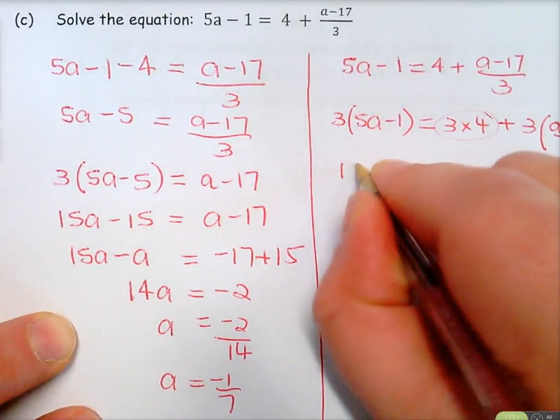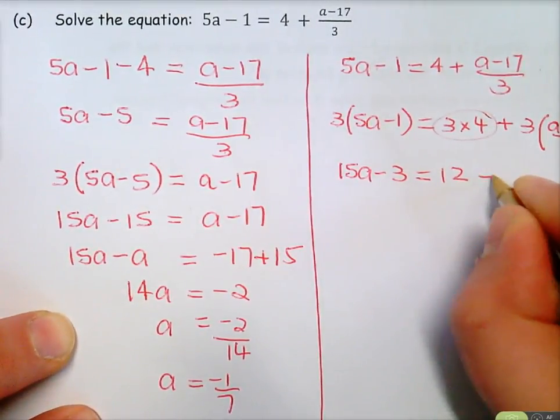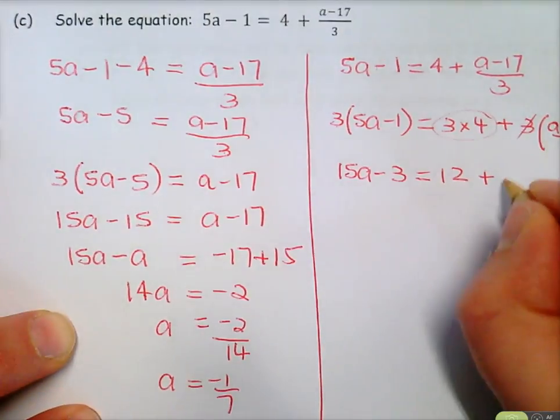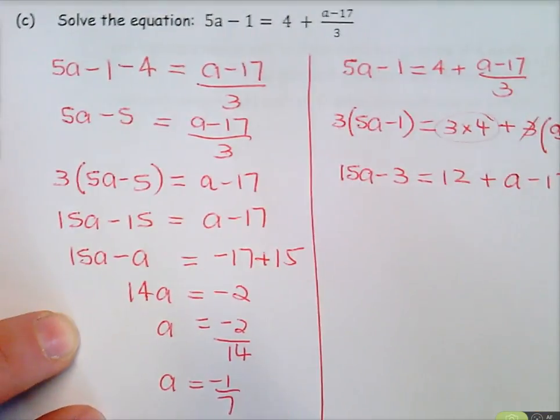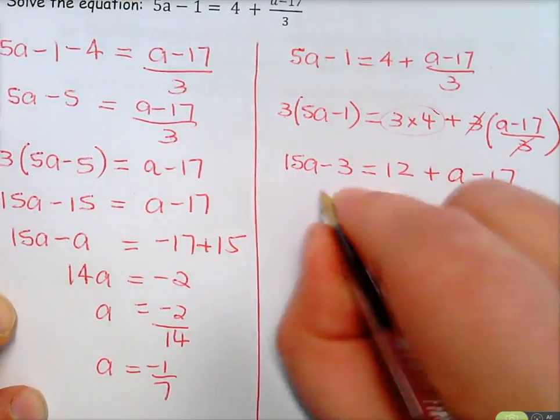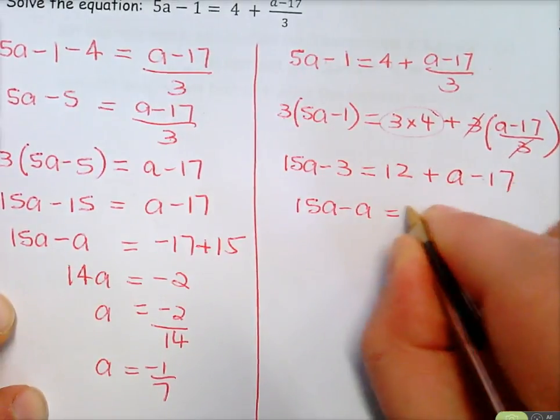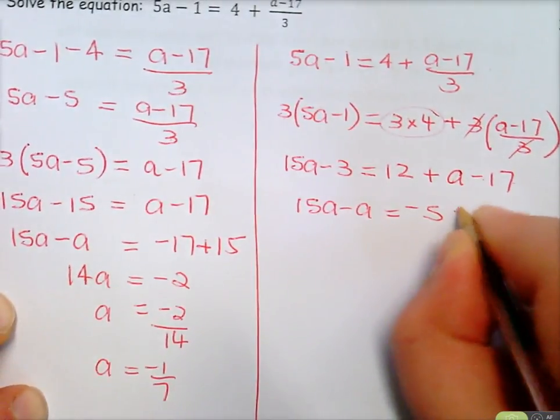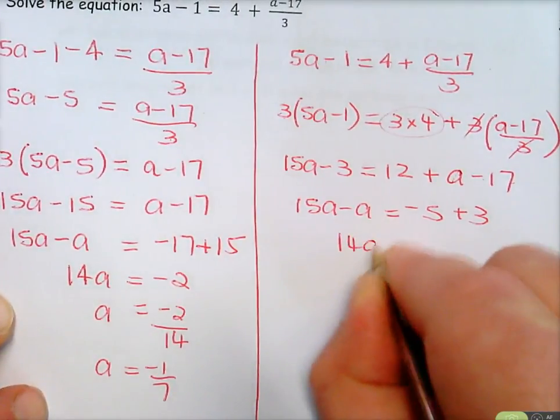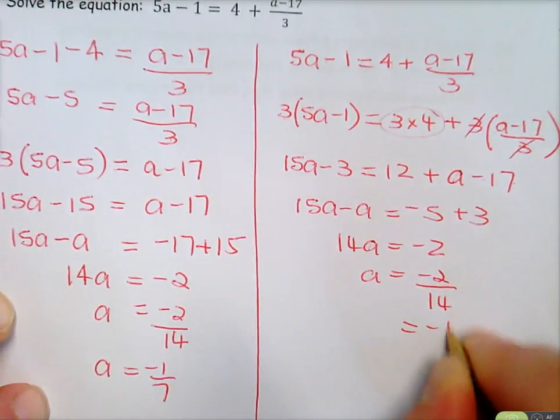So now we get 15a minus 3 equals 3 times 4 is 12 plus this 3 and that 3 cancel. You get a minus 17 and then we just keep going. Yes, so we get 15a minus a equals 12 minus 17 is negative 5 plus 3. 14a is negative 2. a is negative 2 on 14, which is negative 1/7.